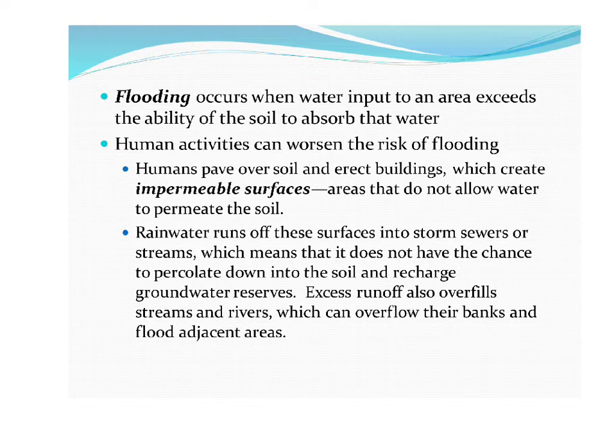This excess runoff also overfills local streams and rivers, which can overflow their banks and flood adjacent areas. So the greater the amount of impermeable surfaces, the lesser amount of groundwater reserve recharge, and the greater amount of runoff events and flooding.